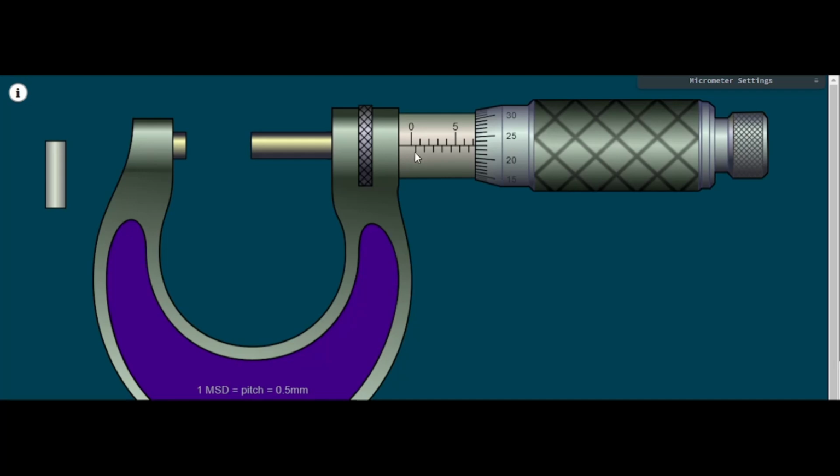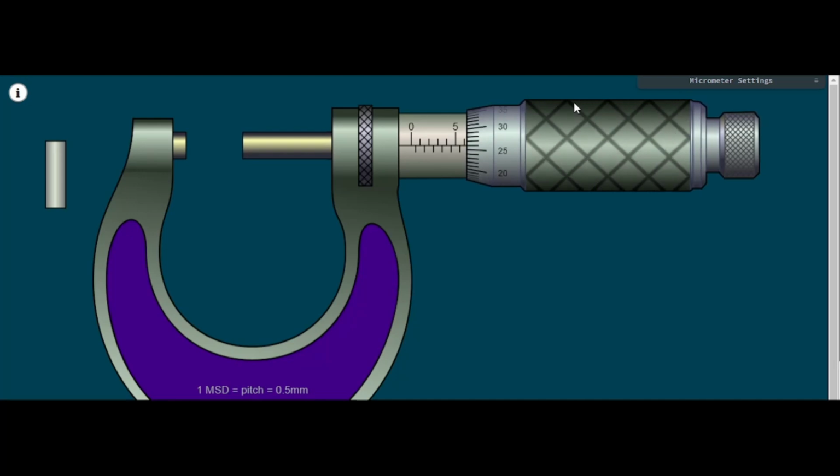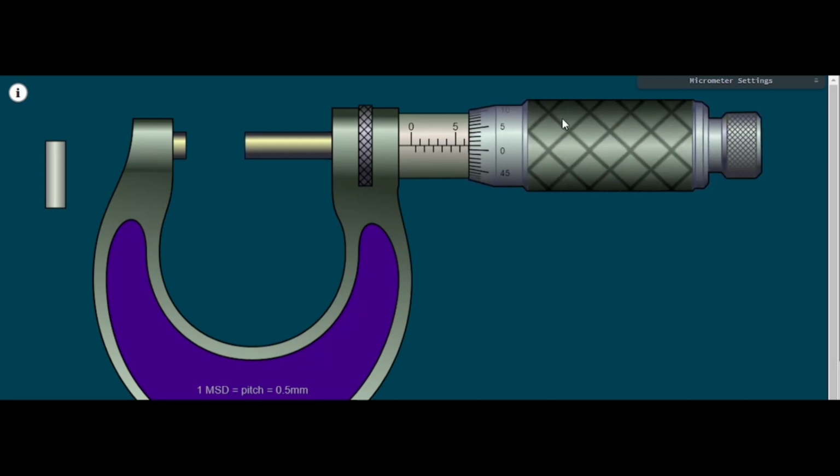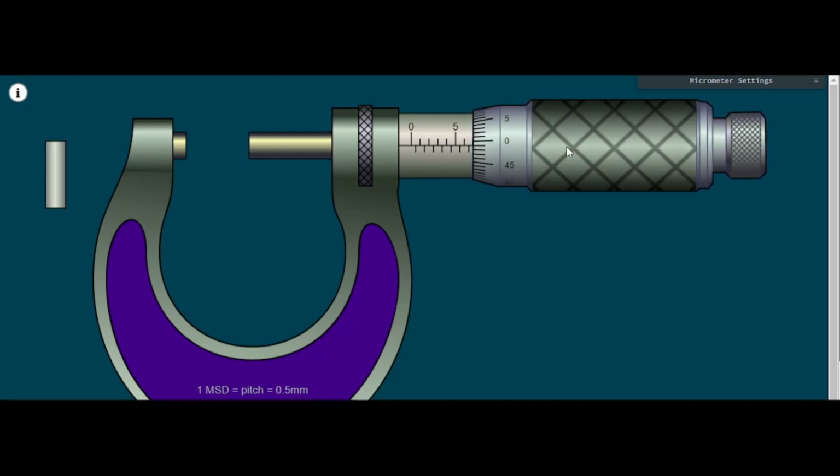So this is 0.50 millimeter, this is 1.00 millimeter, 1.50 millimeter, 2.00 millimeter, again 2.50 millimeter, 3.00 millimeter, and so on. And the circular scale goes from 0 to 50, which means I can measure something like 0.01 millimeter to 0.49 millimeter.